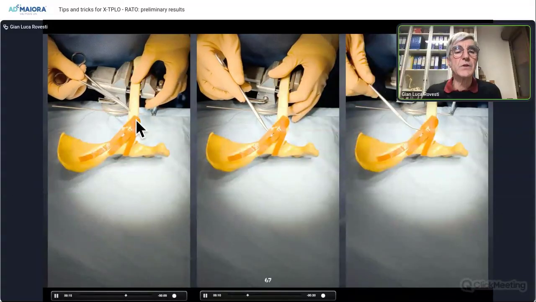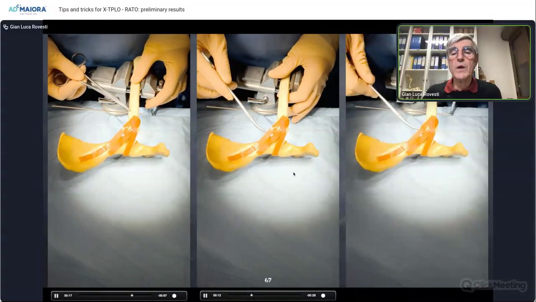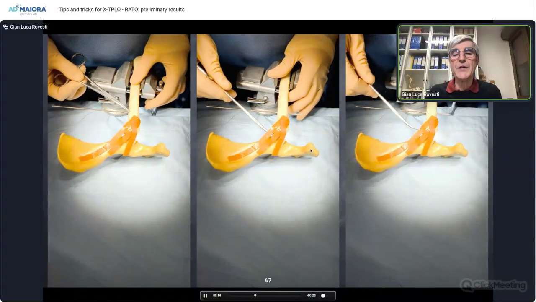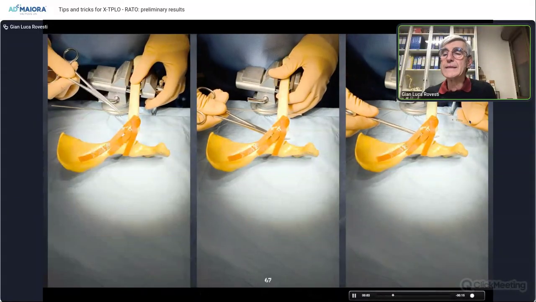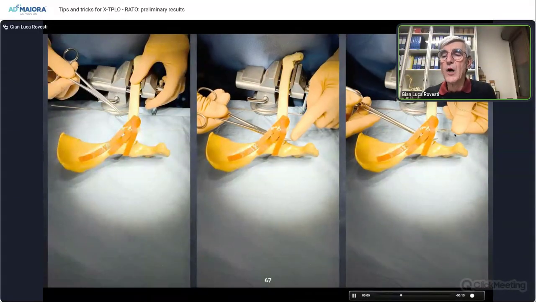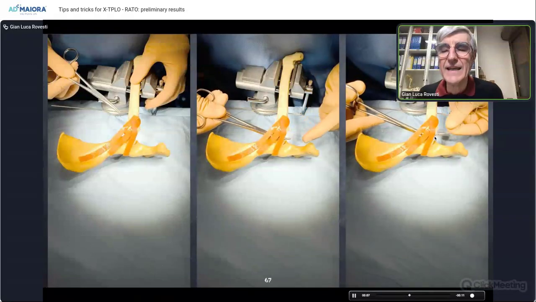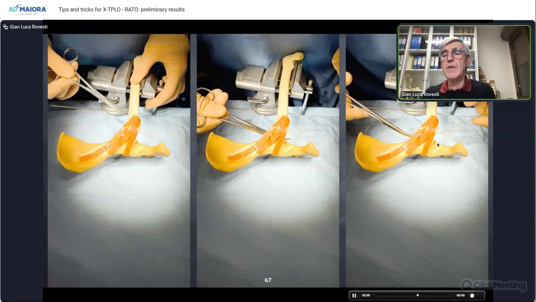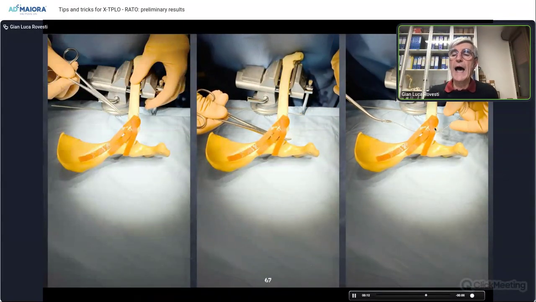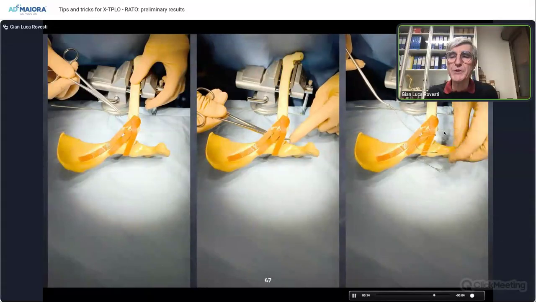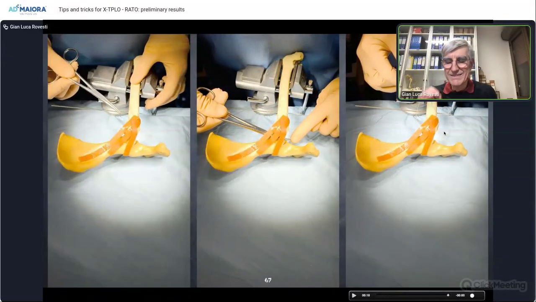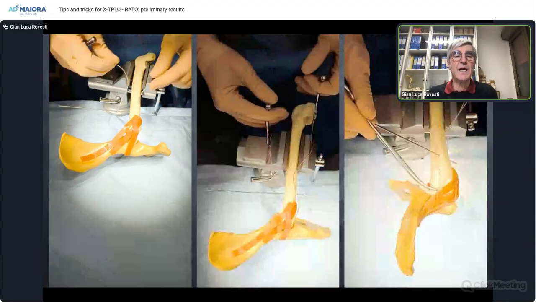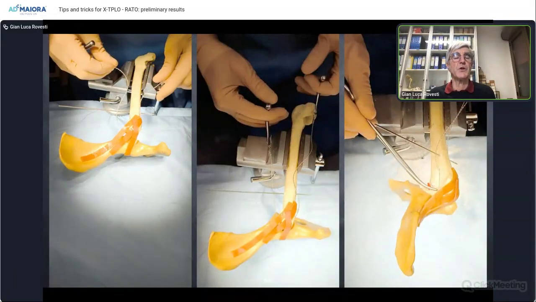So I inserted the K-wire. I will perform a tunnelization underneath the gluteal muscles, and I will get the wire of the Gigli underneath the gluteal muscles in order to have it correctly positioned in the trochanteric fossa. It is mandatory to check that it's in the correct position.